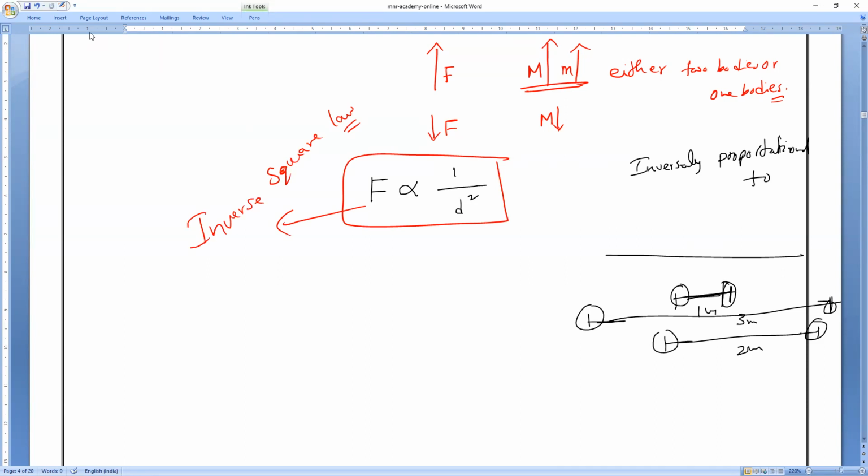Yes, wait, I will say. So this particular one we used to call the inverse square law. The force of attraction between two bodies is inversely proportional to the square of distance between the two bodies from their centers. That is very, very important.